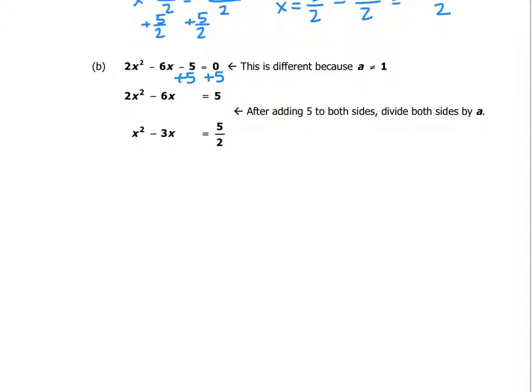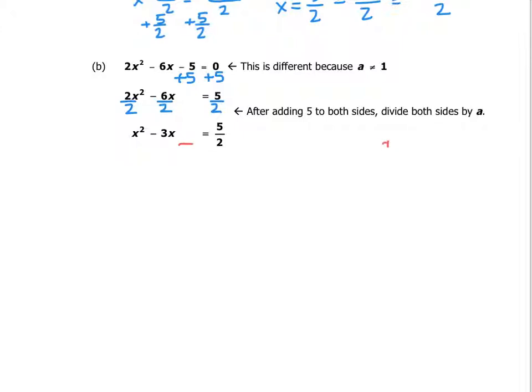My next step after adding 5 to both sides of the equation is I need to get rid of the 2. So I have to divide my entire equation by 2. That's going to give me x squared plus 3x on the left and 5 over 2 on the right. My next step is to fill in what I need on the left to complete my square.